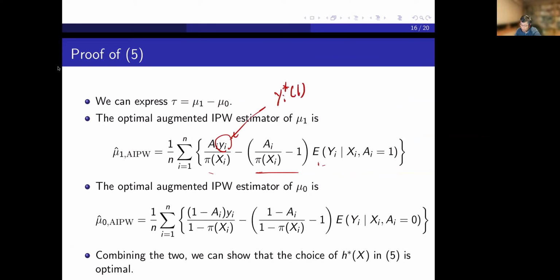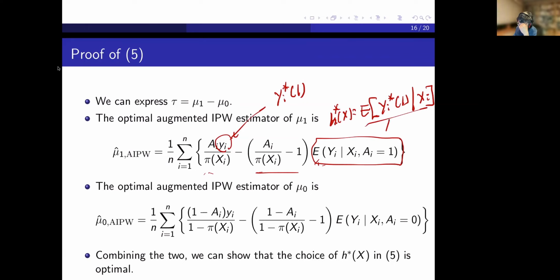Okay, so the theory says that the projection, the optimal choice H star(x), will be the expectation of y1 star given x_i. That is basically the regression estimator. But this guy is equal to this because this is an expression using the potential outcome, while this one is using the observed data.